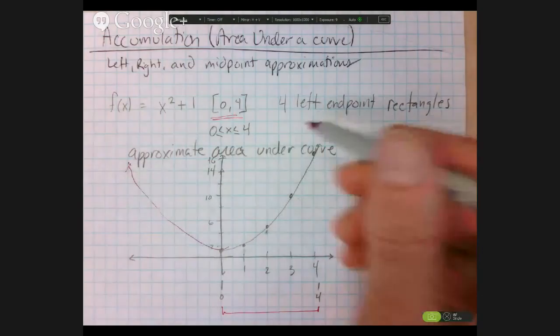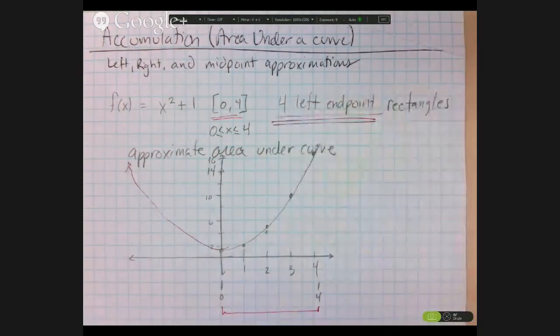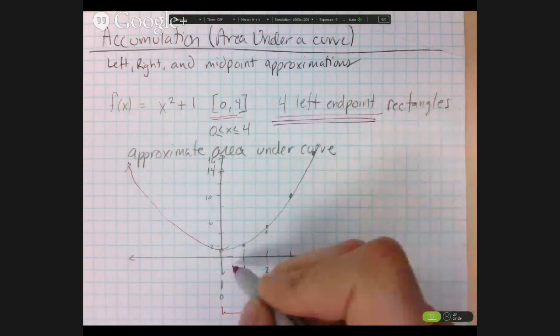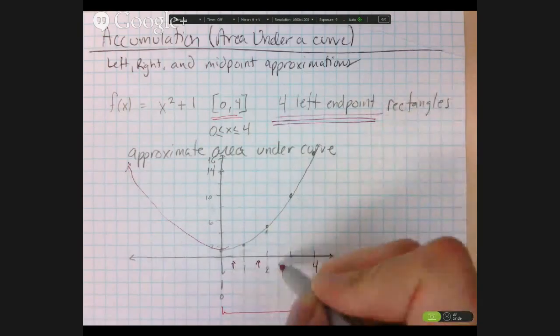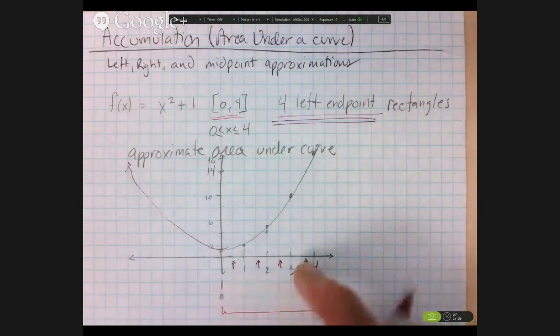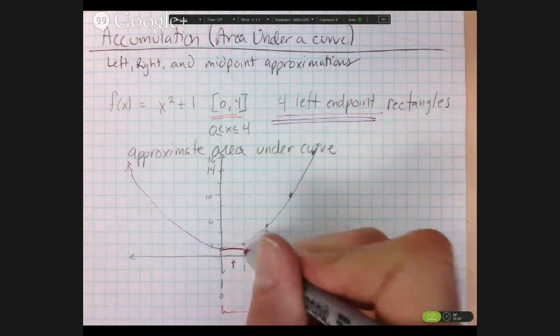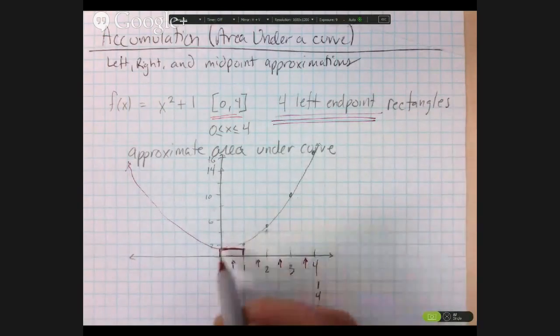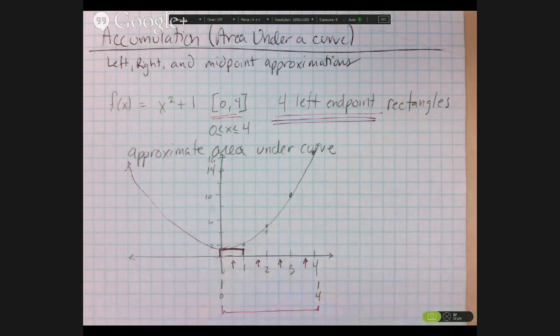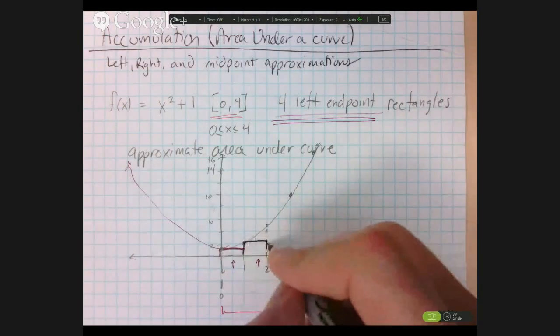Okay, 4 left endpoint rectangles. That means we need 4 rectangles. So there are 4 gaps here, right, for rectangles? And we're going to draw them so that the left point hits the graph. The left endpoint hits the graph.